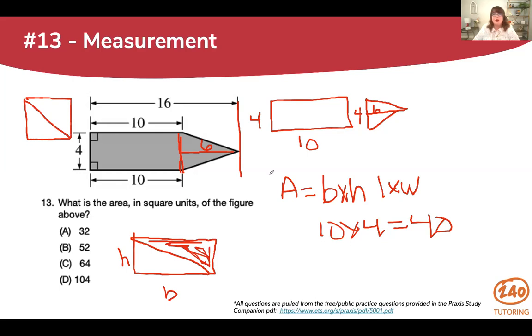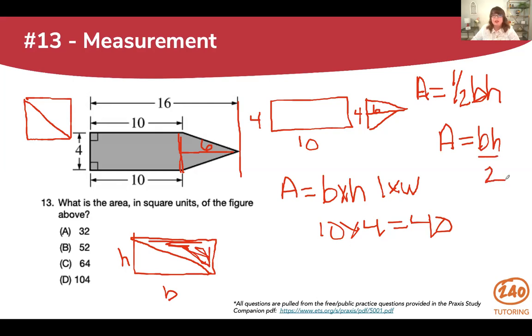So the area of a triangle is going to be 1/2 base times height, because it's the same as that rectangle but split in half. Or sometimes you'll see it written as area equals base times height divided by 2. Because if we split something in half, we're dividing it into 2 equal parts.